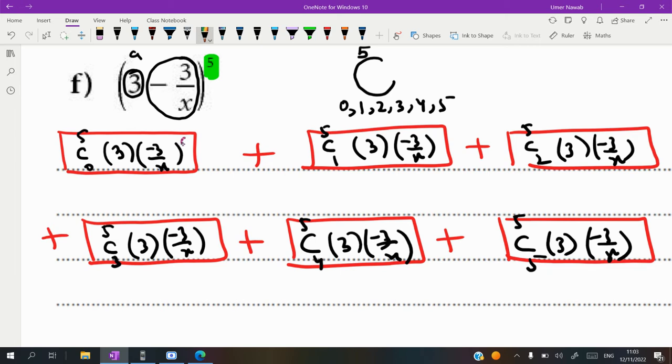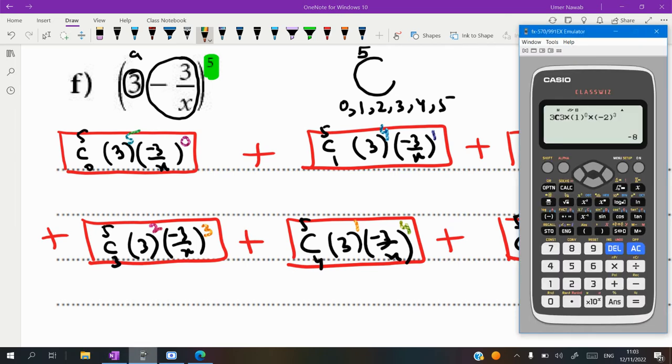If I have 0, I write 0. If it is 1, I write 1, 2, 3, 4, 5. Next, 5 minus 0 is 5, 5 minus 1 is 4, 5 minus 2 is 3, 5 minus 3 is 2, 5 minus 4 is 1, 5 minus 5 is 0.